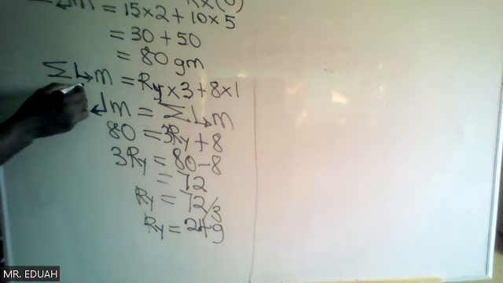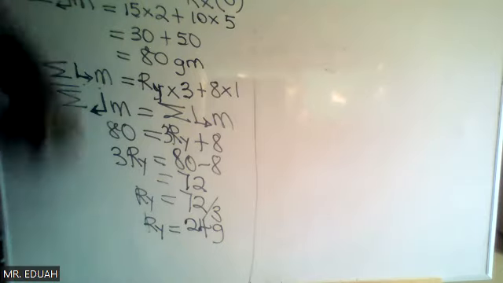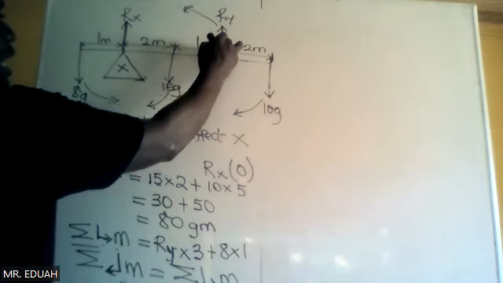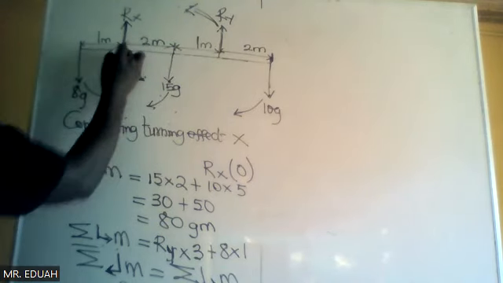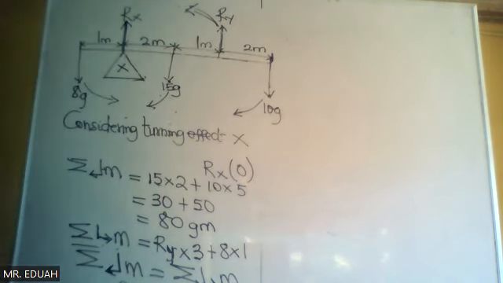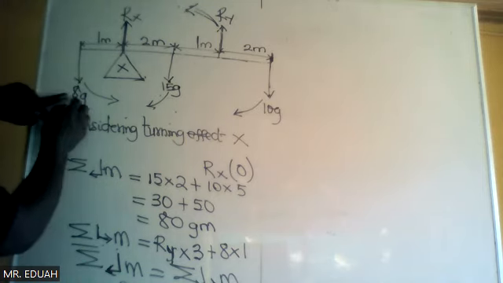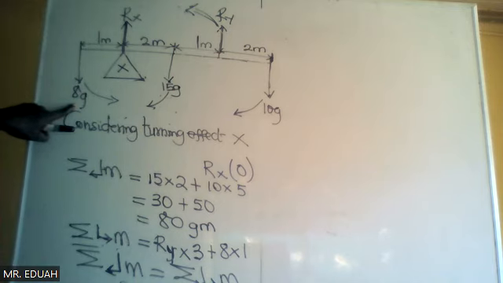Now this is the anti-clockwise movement. This one, Ry, which turns this way, times the perpendicular distance. This is 3. So 3 times Ry plus the other anti-clockwise moment, which is 8 grams times 1 meter. Okay, thank you. After getting that, I equated it to whatever I had.